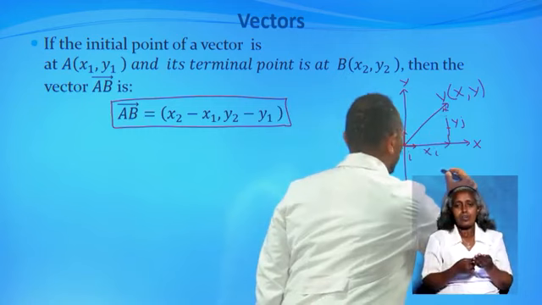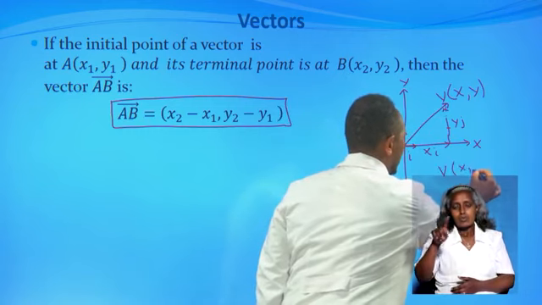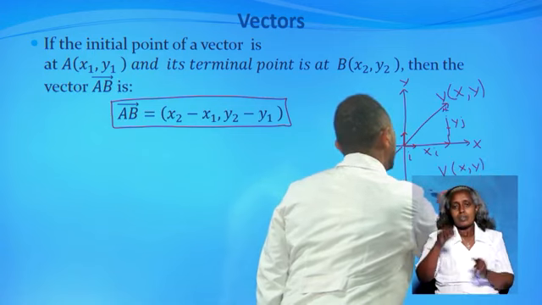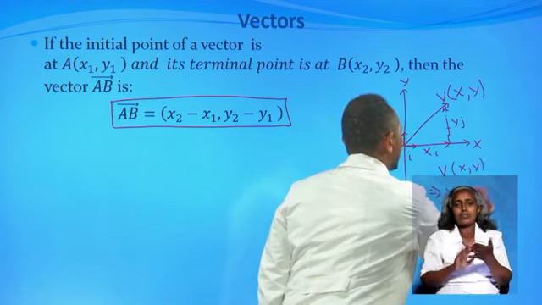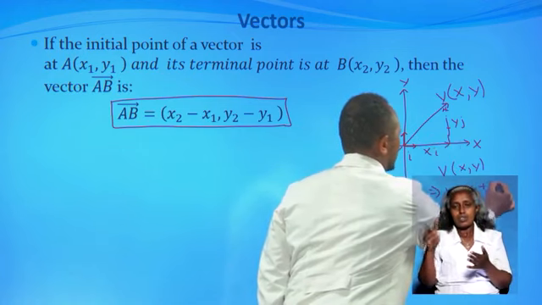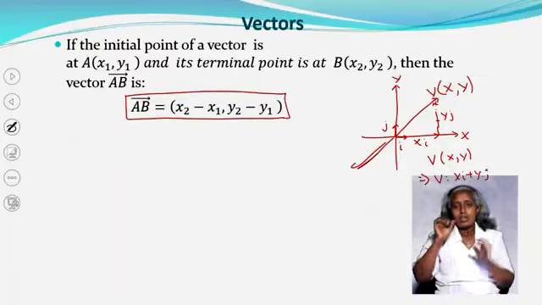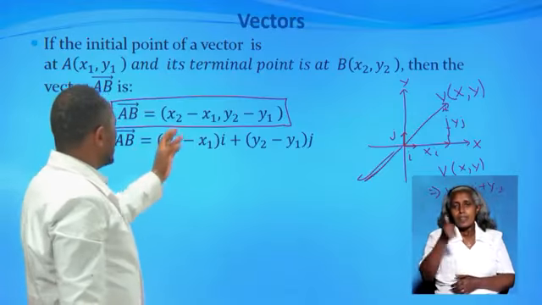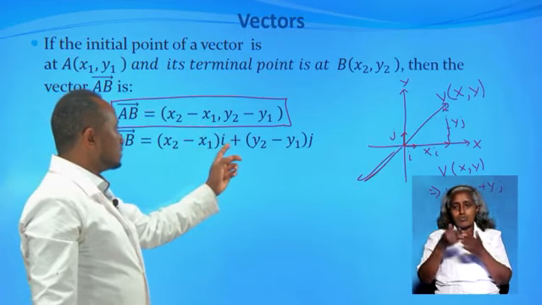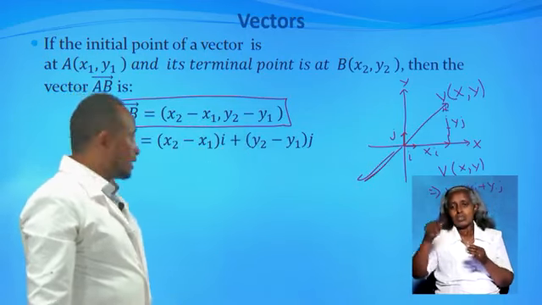Therefore, x comma y can be written in this form: v is equal to the sum of these two vectors, xi plus yj. So I can write AB in unit vector form as x2 minus x1 in the i direction plus y2 minus y1 in the j direction.